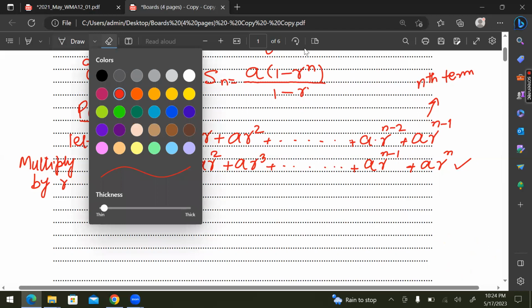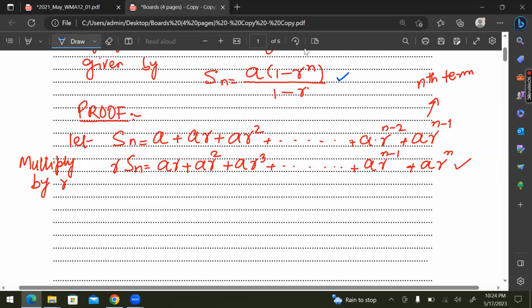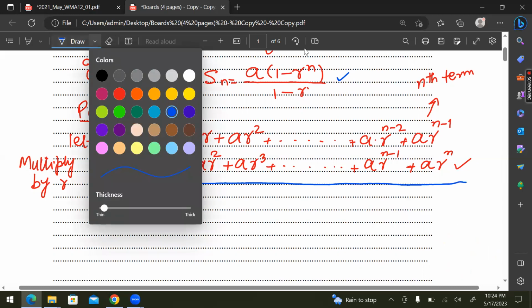After writing the second step, we want to reach this formula, which is the sum of n terms. So next, I will subtract these two. We know that for subtraction, we change the sign of the second.